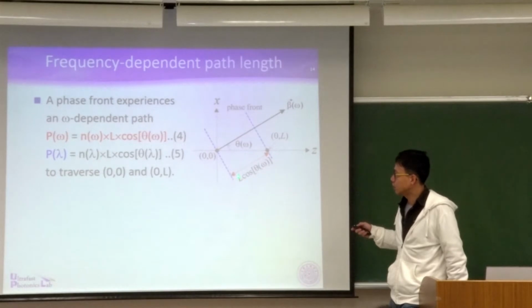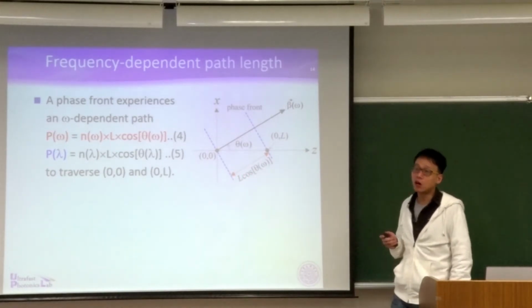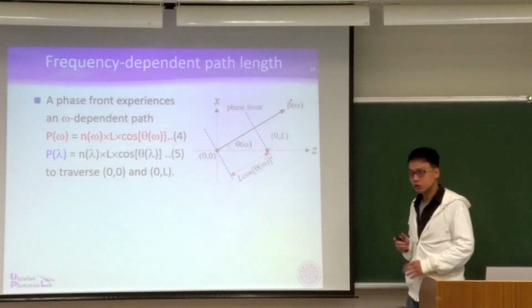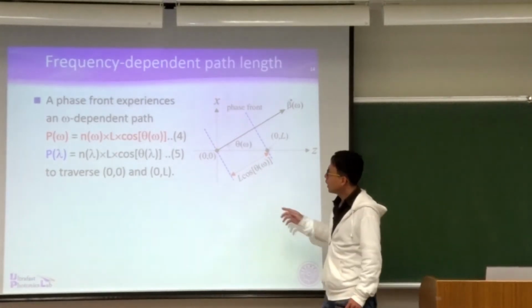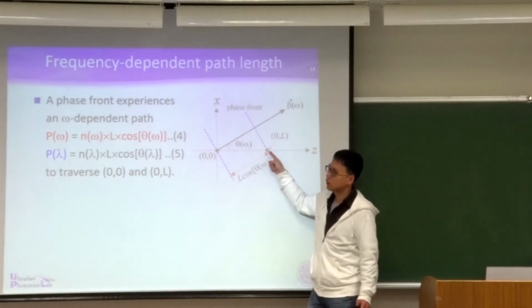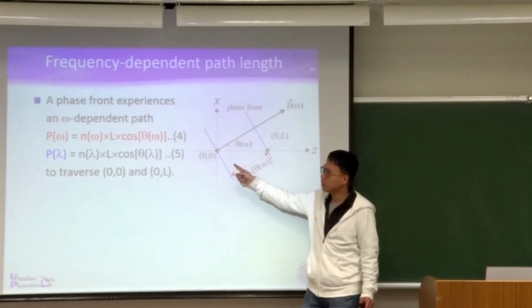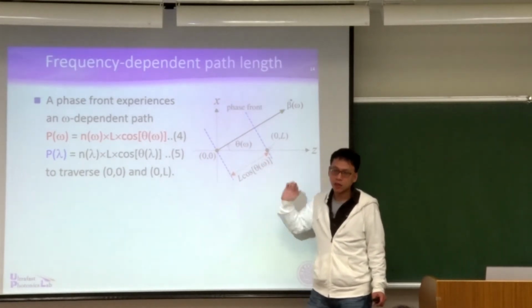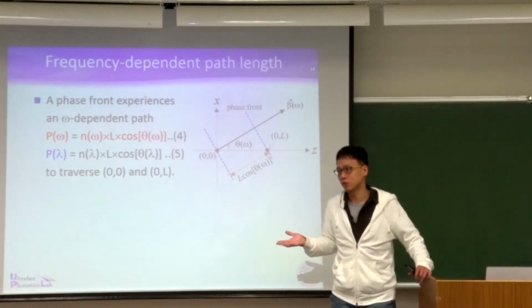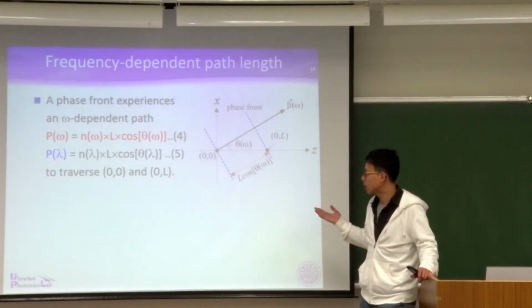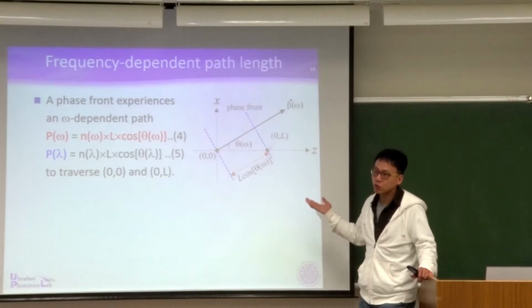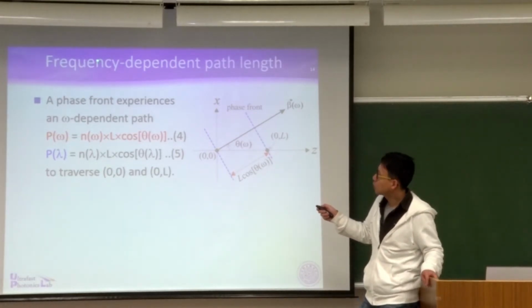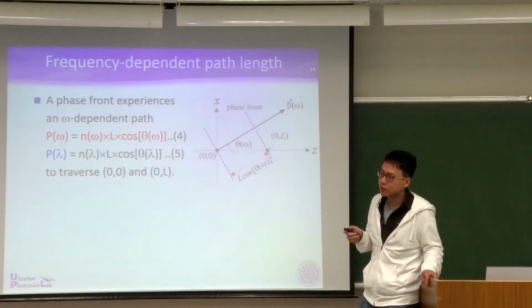The formula is L times cosine of theta of omega. 意思就是，只要你有角度色散呢，同样观察点从00移到0L，不同的 color 所需要贡献到同样这两个观察点，它的路径长是不一样的。其实这个路径长跟角度有关，角度又跟频率有关，所以路径长跟频率有关。That is the so-called frequency-dependent path length.